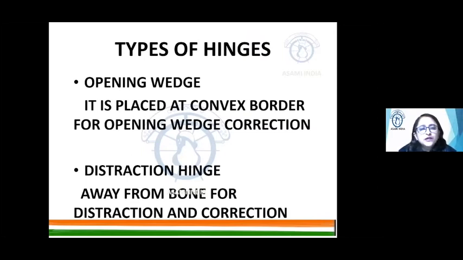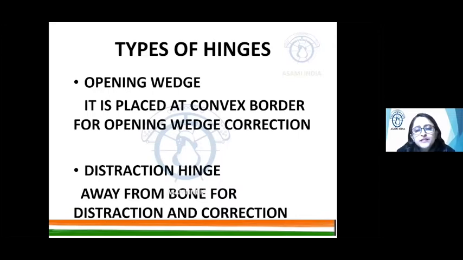Now let's consider quickly the three types of hinges. If the hinge axis is tangential to the convex cortex of the bone, then when you distract, you get an opening wedge correction. This is called an opening wedge hinge.